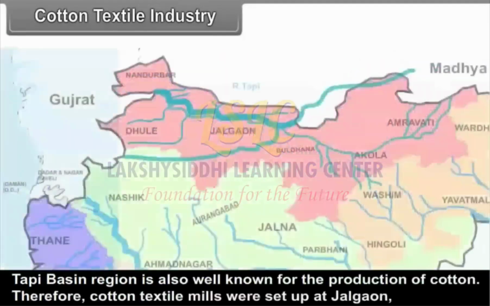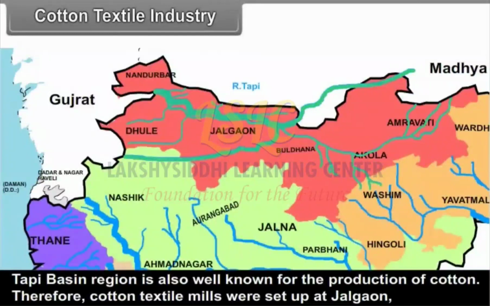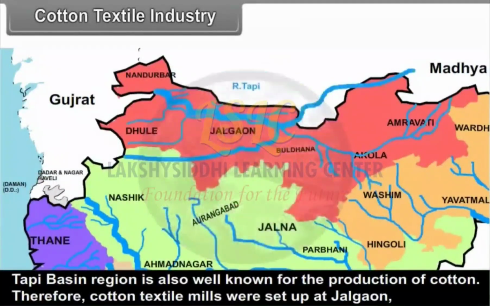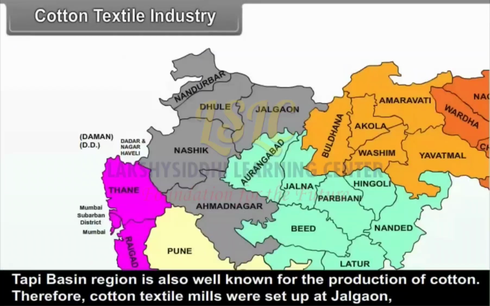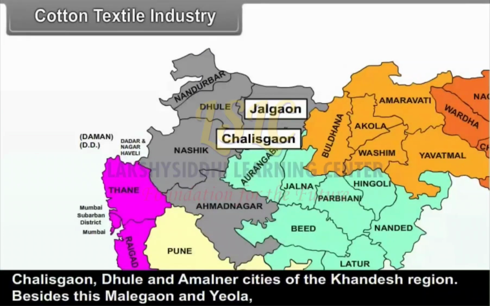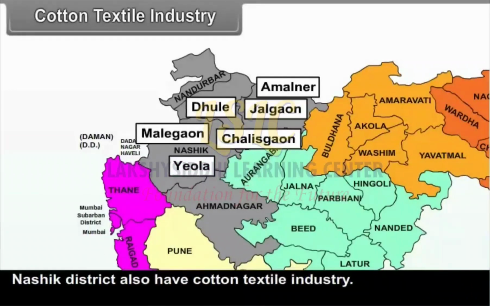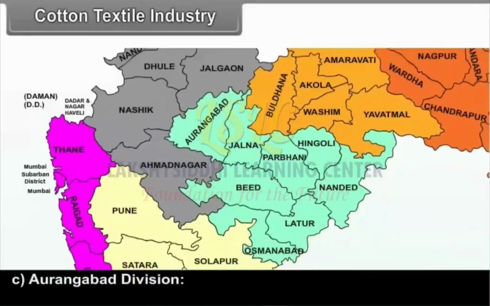B. Nasik division. Tapi Basin region is also well known for the production of cotton. Therefore, cotton textile mills were set up at Jalgaon, Chalisgaon, Dhule and Amalner cities of the Khandesh region. Besides this, Malegaon and Yeola, Nasik district also have cotton textile industry.